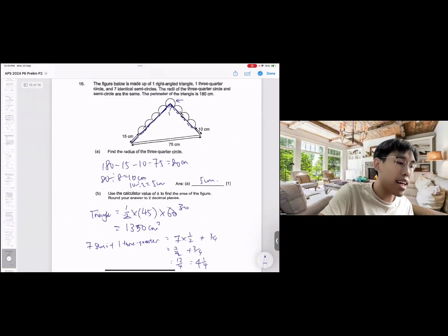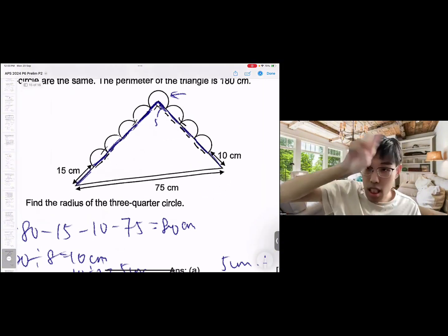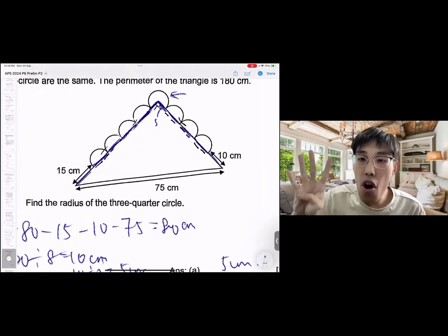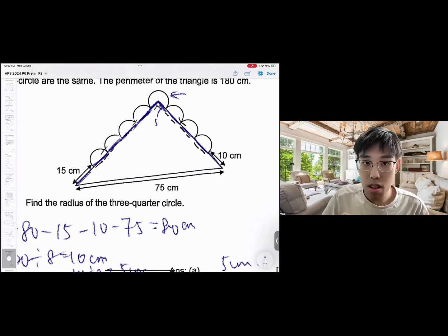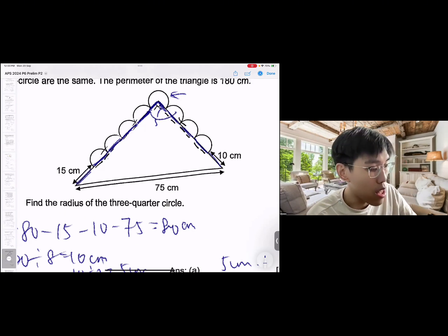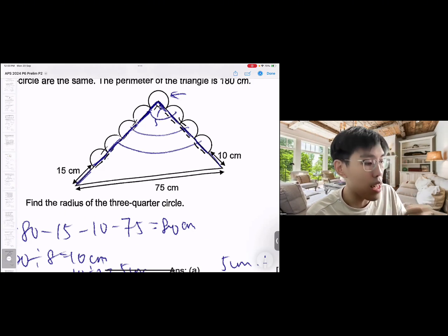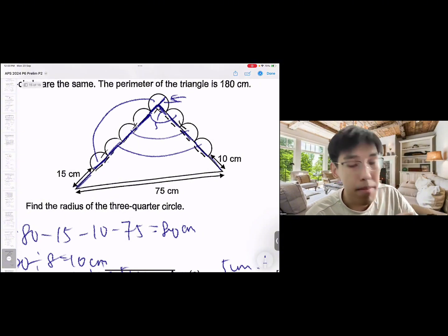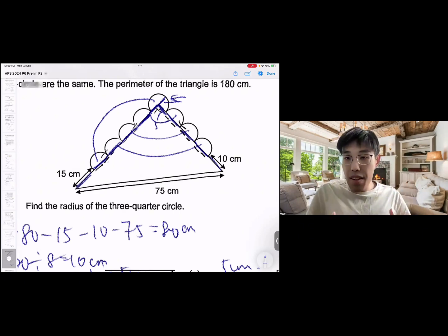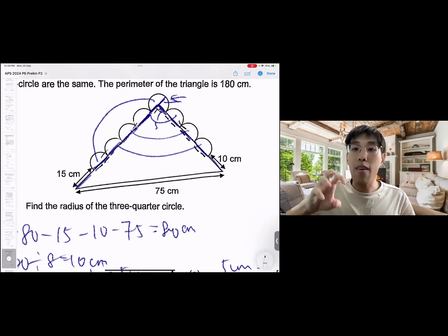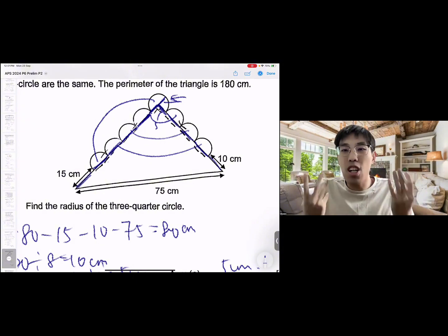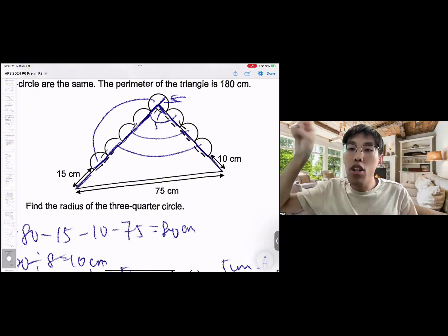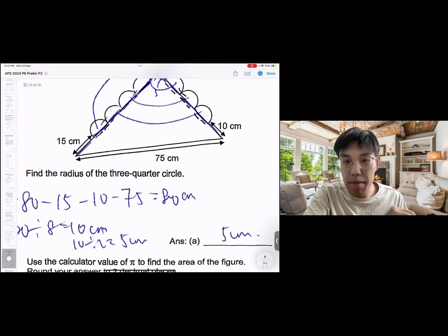That means all this circle stuff is 4 1/4 circles. So for example, this is 1 circle, 2 circles, 3 circles, then I cut this one, this one is the 4th circle, and I have one part left. So it's easier for me to multiply because I want to bring it back to how many circles' worth are all these little curved parts, instead of finding them individually.